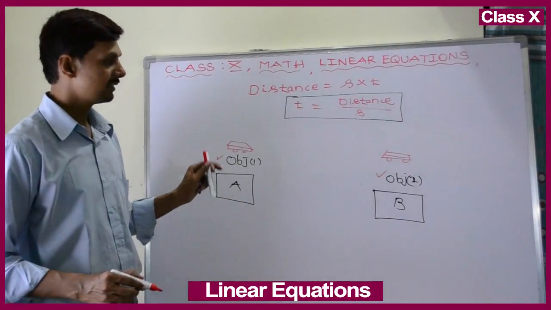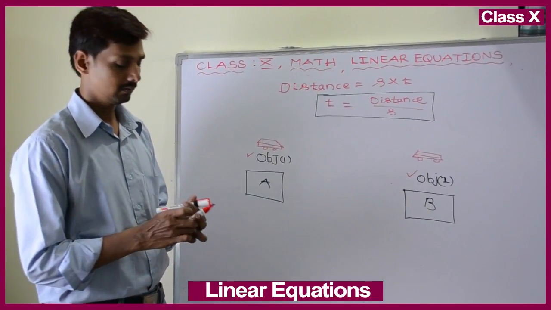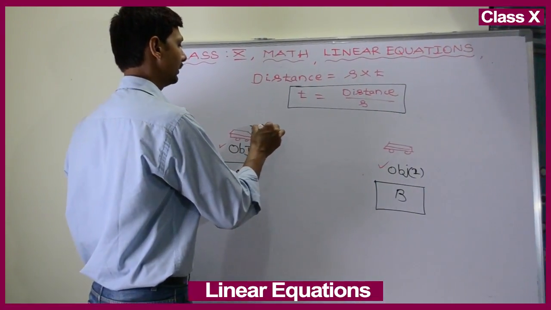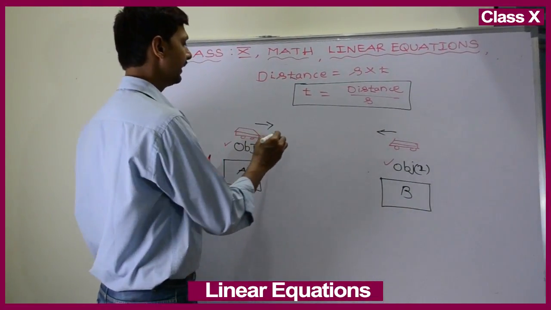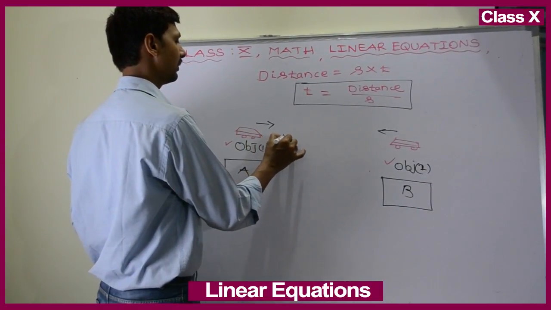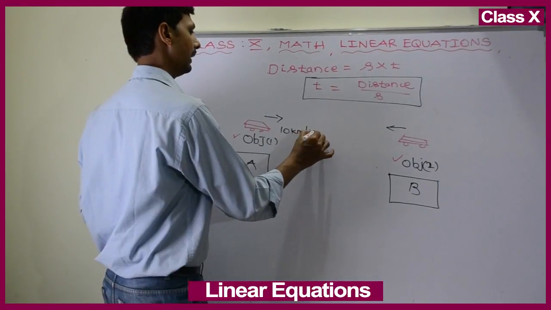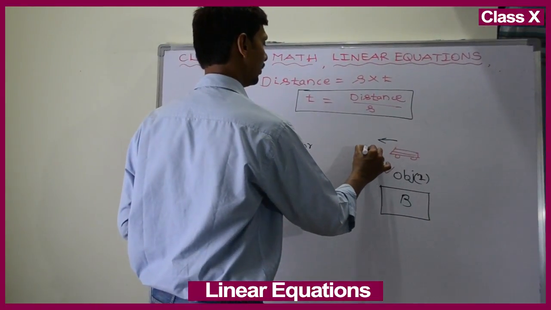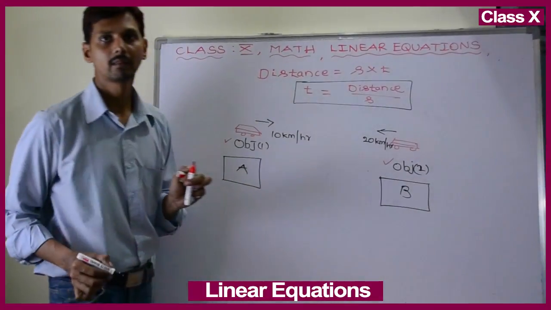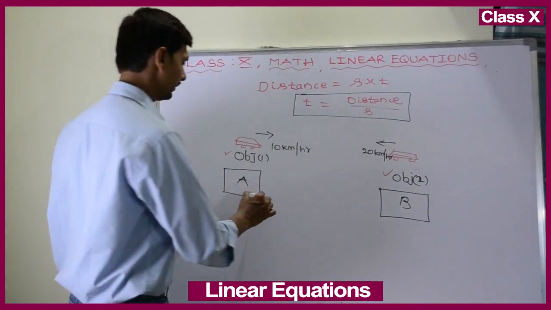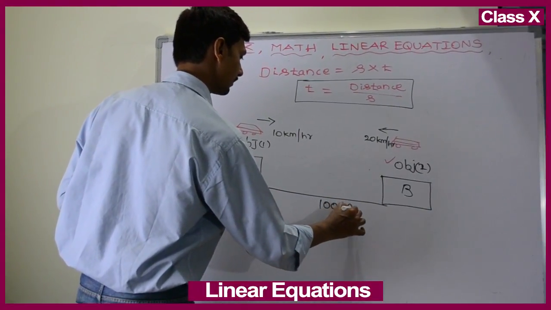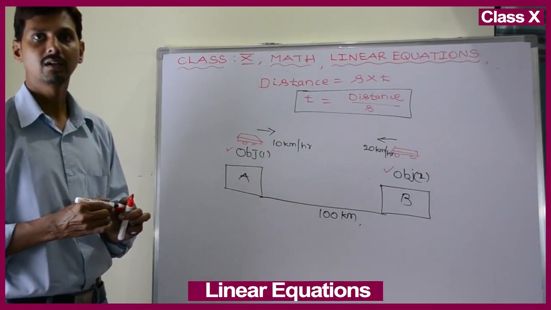These 2 cars are traveling in opposite directions, and they have speeds. The first car's speed is 10 kilometers per hour, and the second car's speed is 20 kilometers per hour. And the distance between these 2 points is 100 kilometers. Let us recall again.